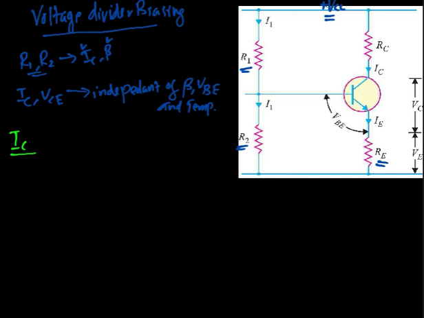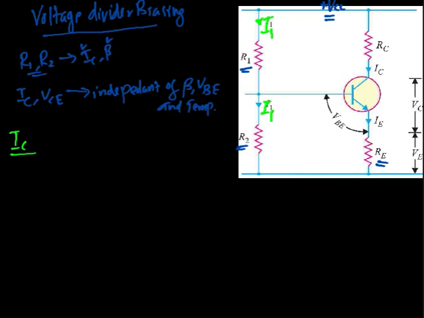Let's name the different currents flowing through the branches. The current flowing through R1 is denoted by I1, and since the base current is very small, almost the same current that flows through R1 is flowing through the resistance R2, so the current flowing through R2 is also taken to be I1.